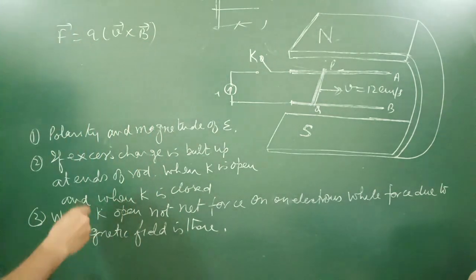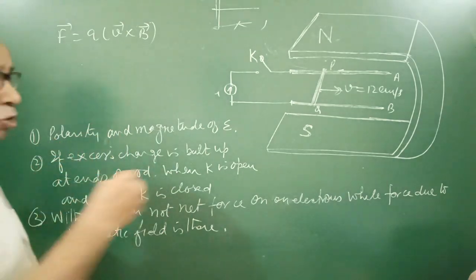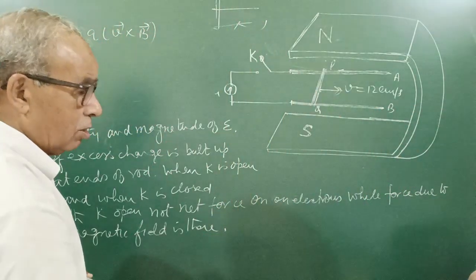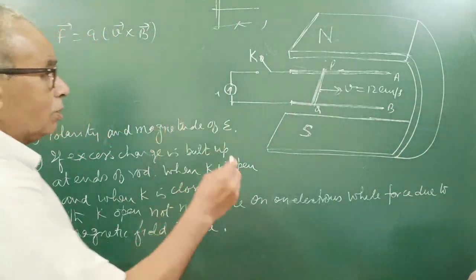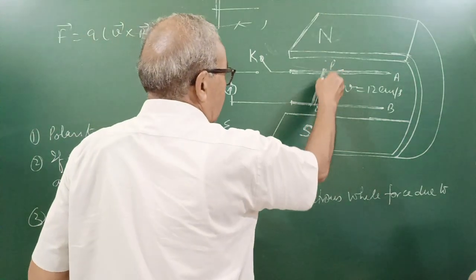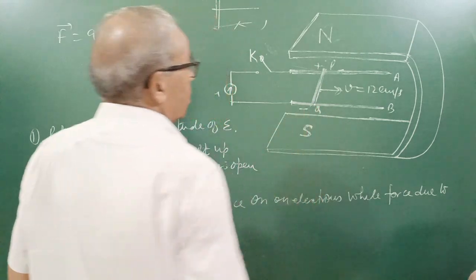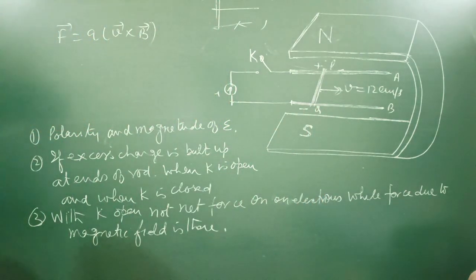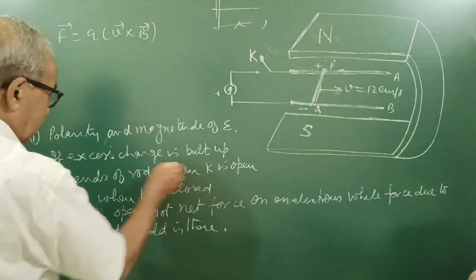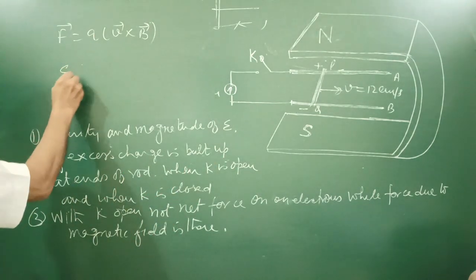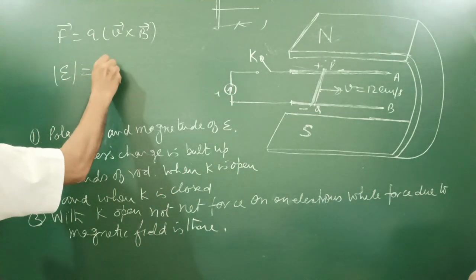If it is positive, the force on the positive charge goes this way, so the electron will go this way, so P will be at higher potential than Q. So the polarity is that P is at positive potential and Q is negative.